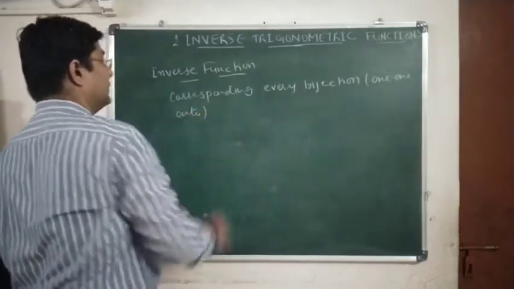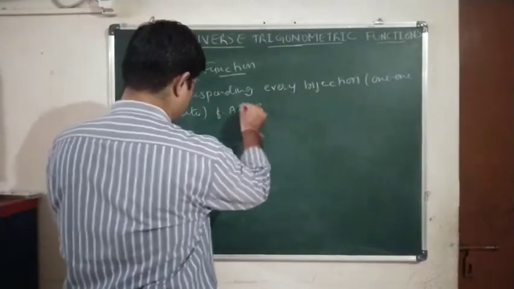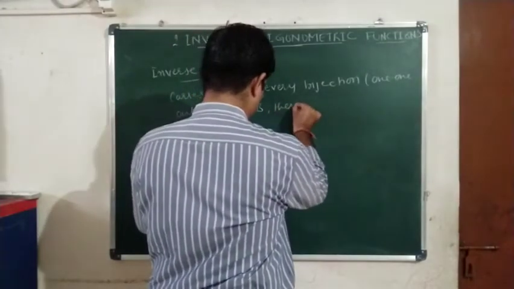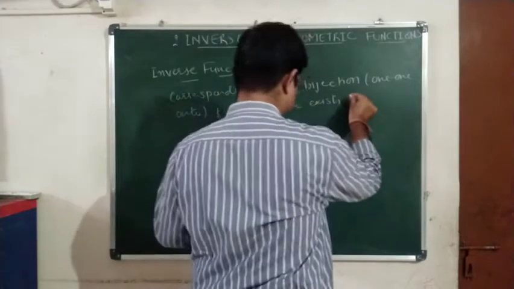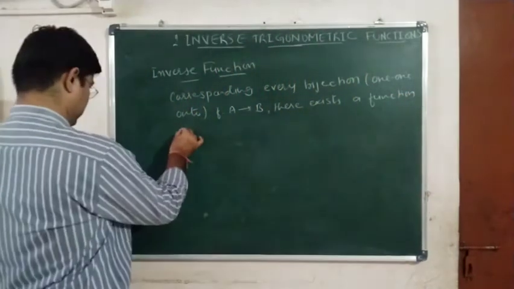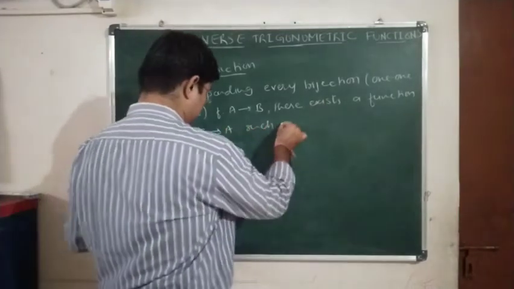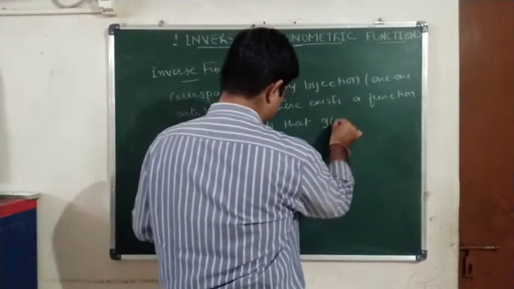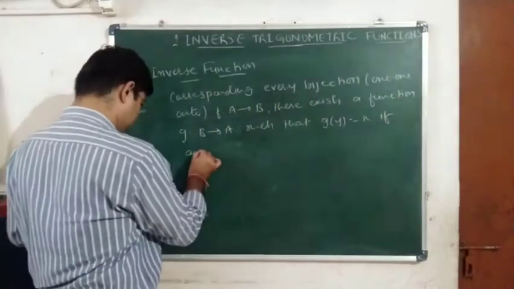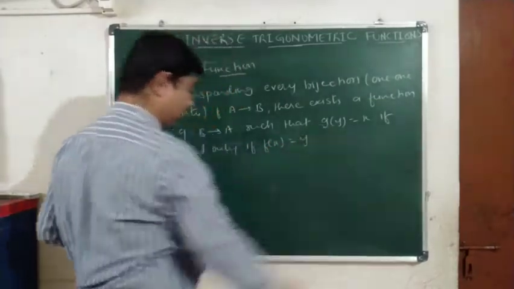Corresponding to every bijection, say a function f from A to B, there exists a function g from B to A such that g of y is equal to x if and only if f of x is equal to y.